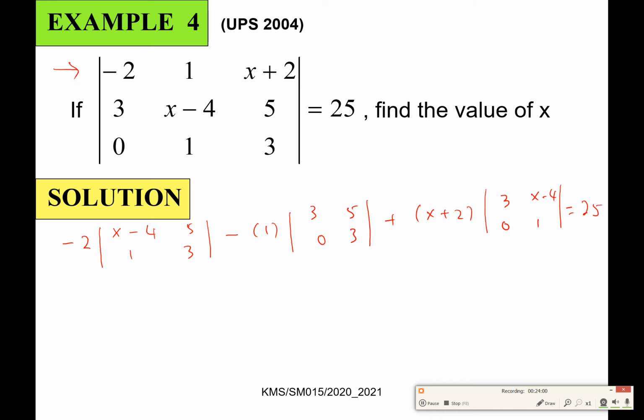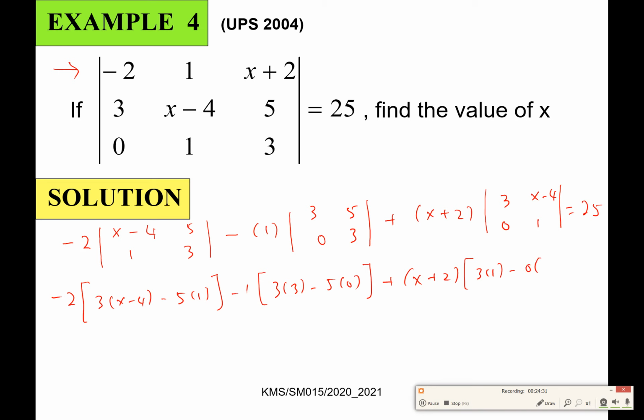And after that you do the algebraic process. So the algebraic process is negative 2 times x minus 4 minus 5, 1 minus 1 times 3 times 3 minus 5 times 0, and plus x plus 2 times 3 times 1 minus 0 times x minus 4, equal to 25.